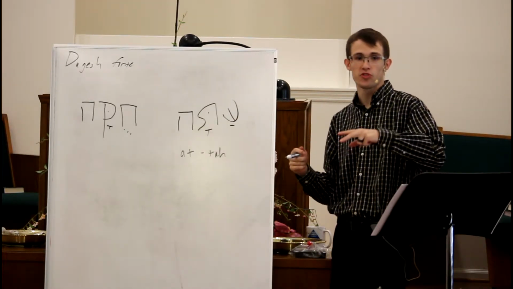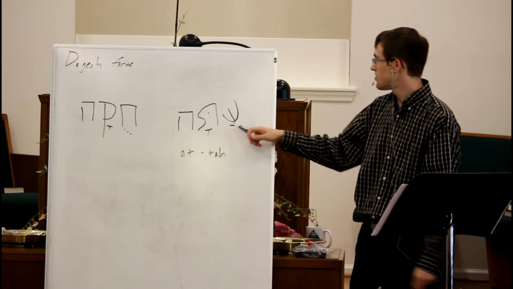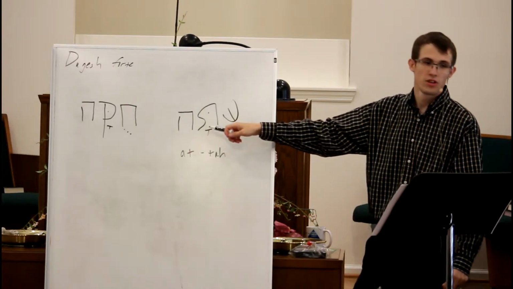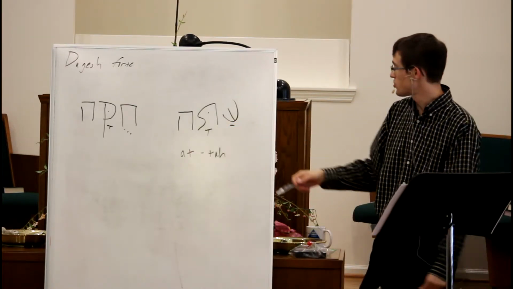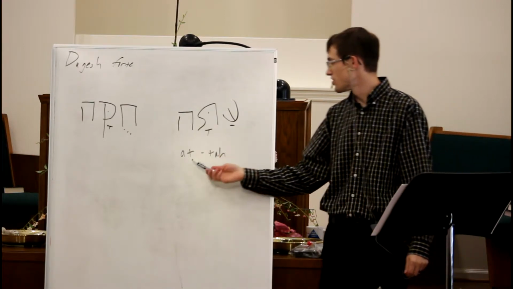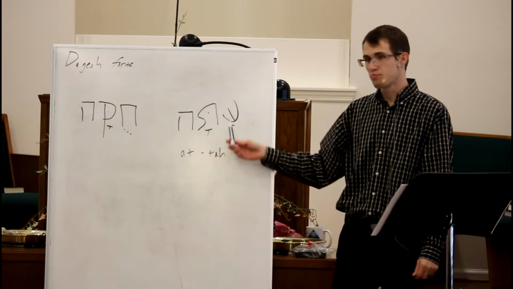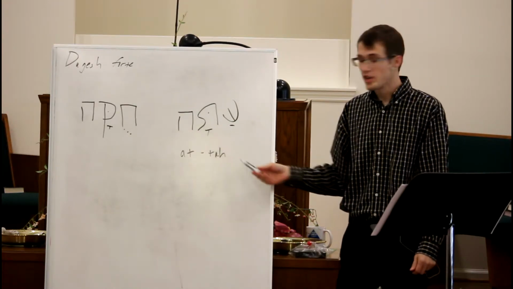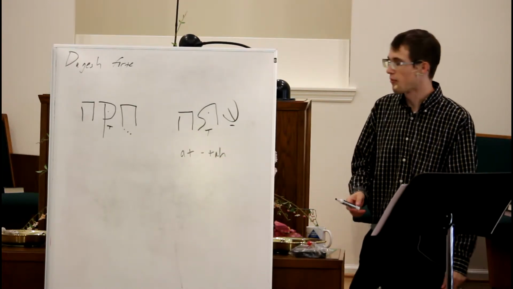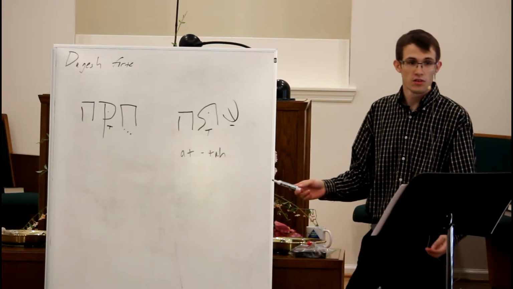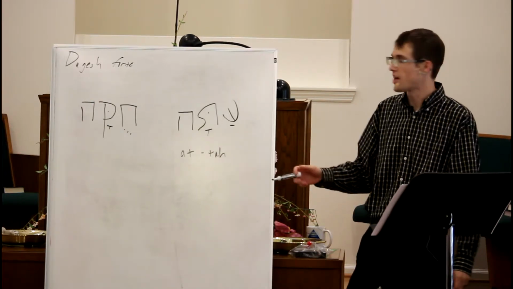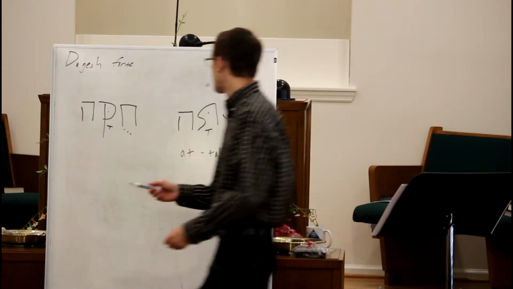The Dagesh doubles the T. So you have A, T, T, A, H for your transliteration into English. Pronunciation, at, ta. You see how that Dagesh provides you two tavs in the pronunciation of that word. Does that make sense? Okay. That's how the Dagesh Forte works with syllabification.